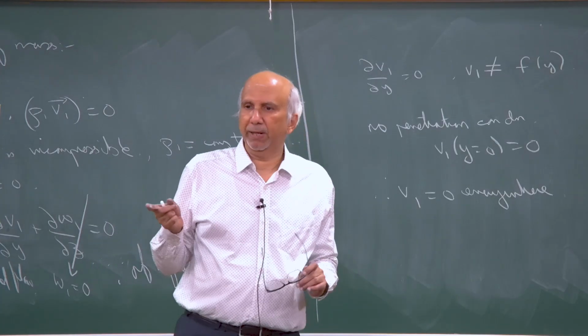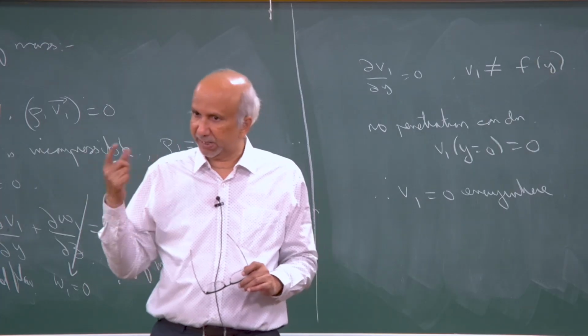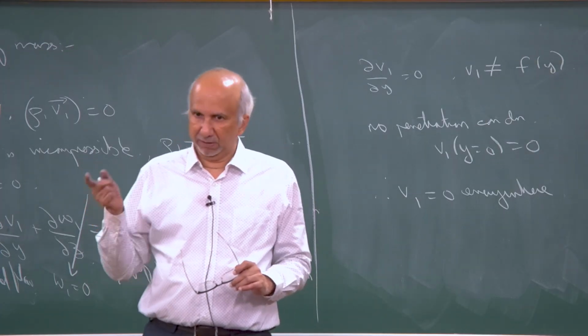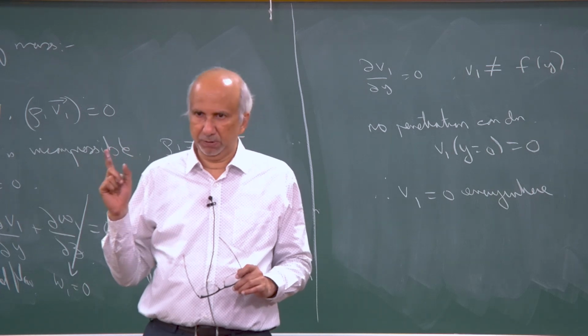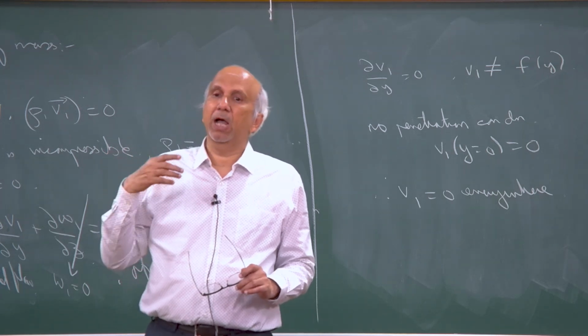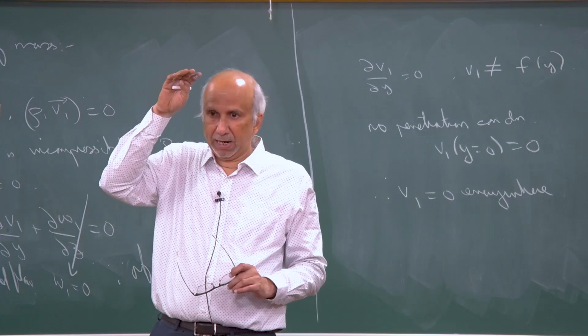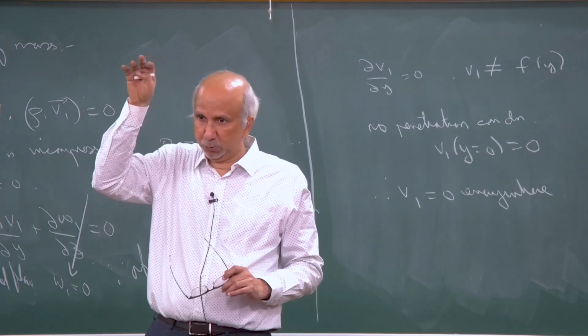Now, you can make a similar argument for the second fluid. Second fluid again we will assume incompressible. Now, I will impose the boundary condition at the other wall, because the second fluid is exposed to the top wall.